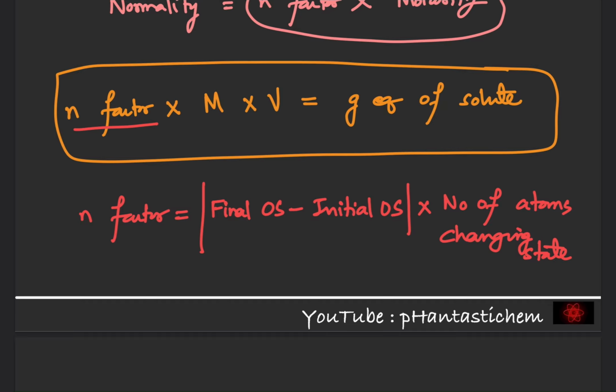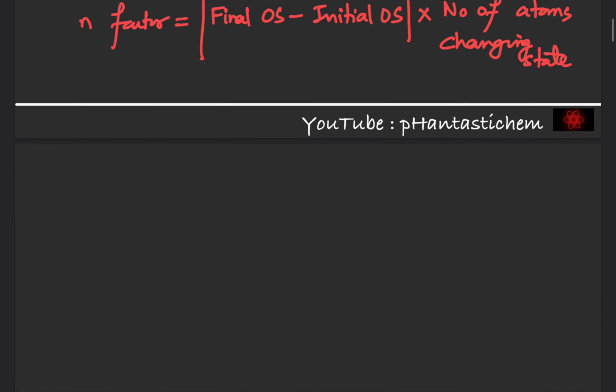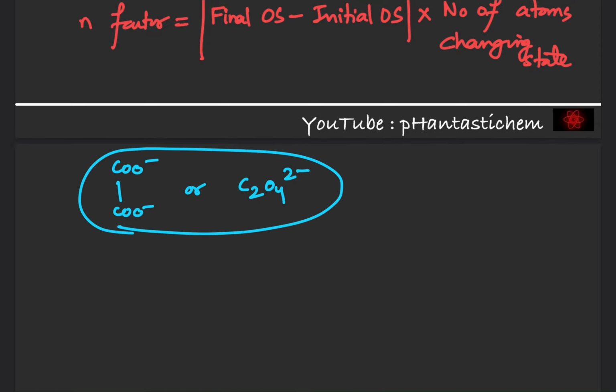Given 10 ml of 0.25 M oxalic acid. Oxalic acid is COO-, COO-, or you can also write it as C2O4 2-. This is titrated with 10 ml of KMnO4 solution.